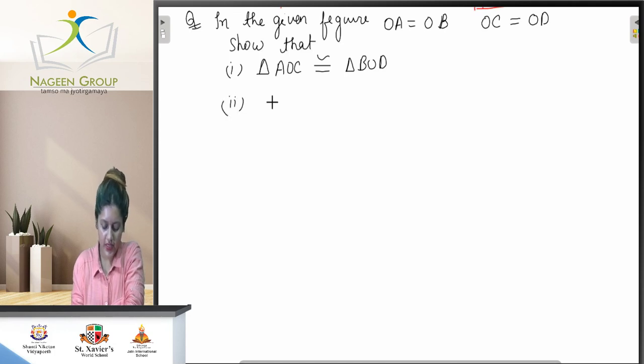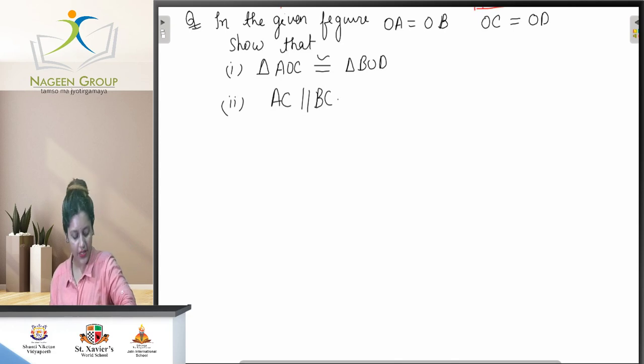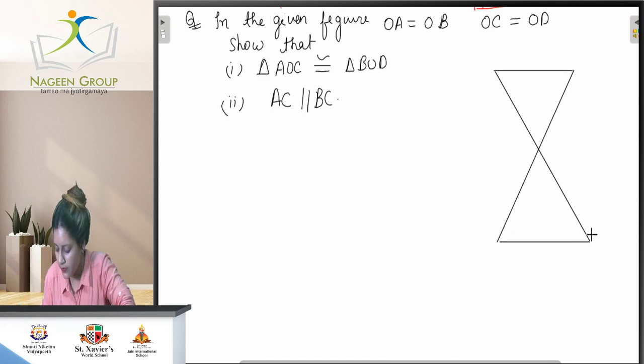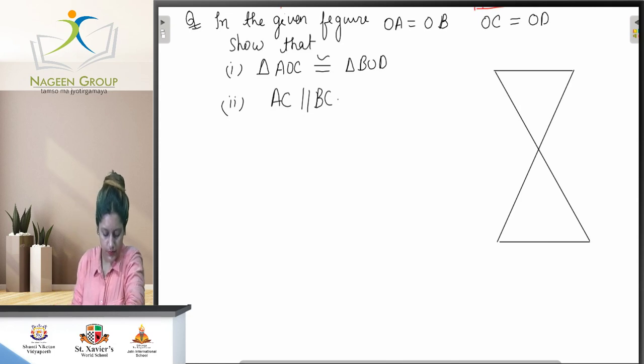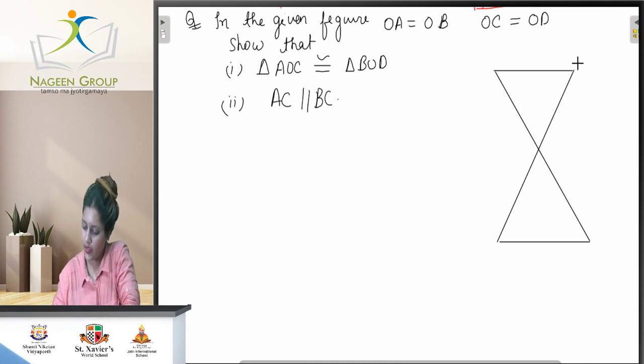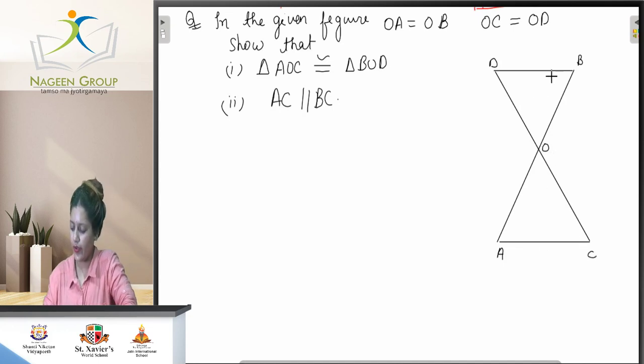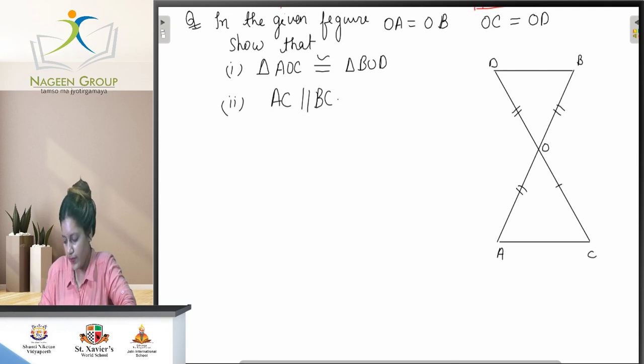Next one is AC is parallel to BD. So in the diagram given here, this is BOD and this is AOC. OA is equal to OB and OC is equal to OD.